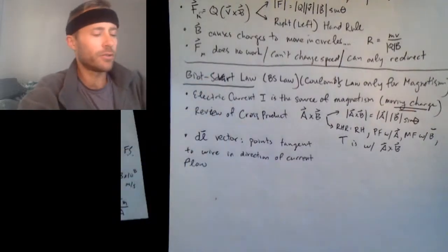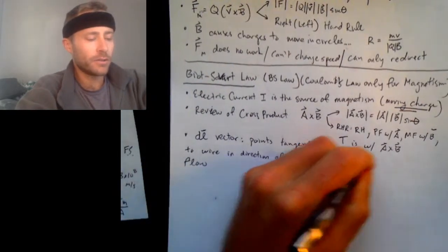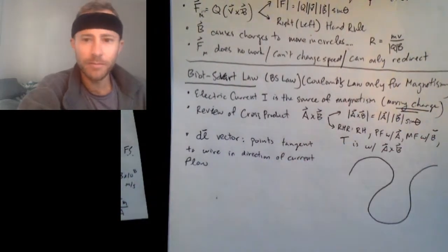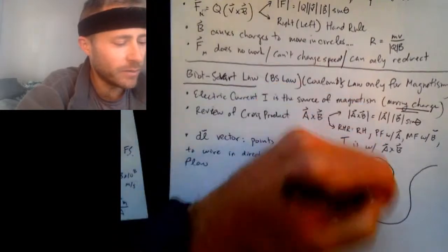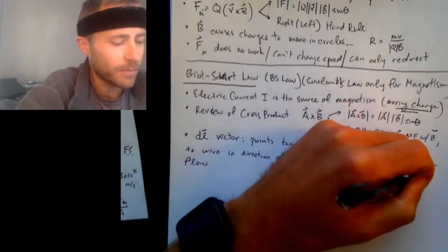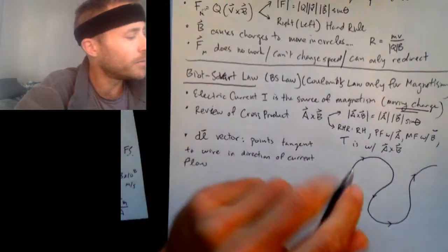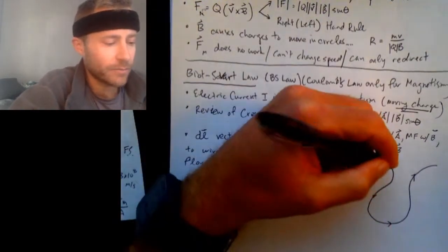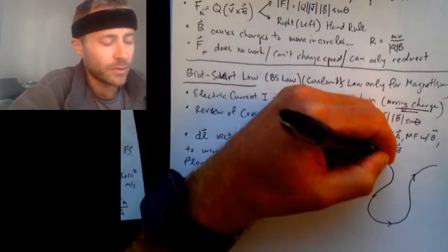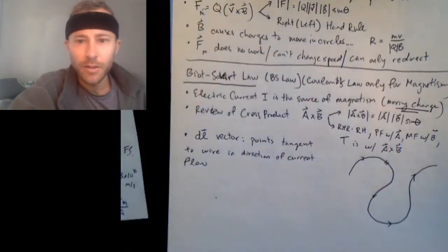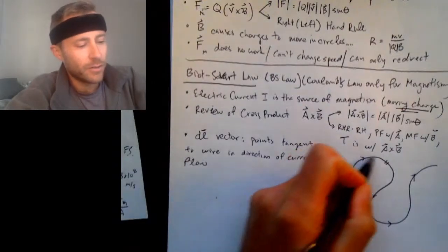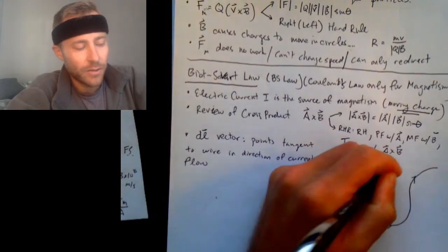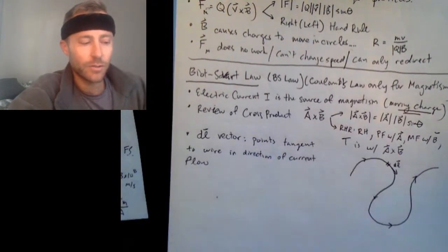Okay, so let's suppose I have a wire that is kind of like this, maybe. It's a bendy piece of wire. If I looked at, I don't know, this tiny segment of it, the current is flowing in that direction, so the dl vector points tangent to the wire.